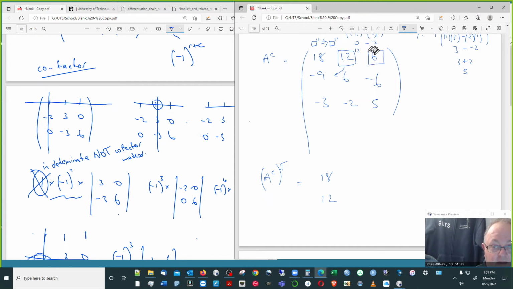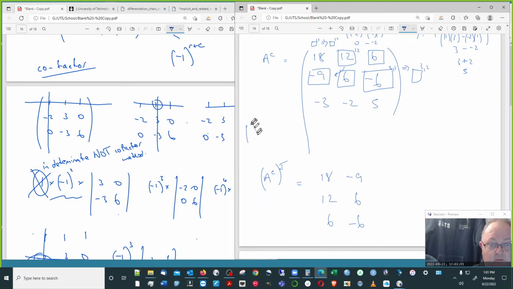This one is 1, 3, so it becomes 3, 1. This one here is 2, 1, so it becomes 1, 2. This one here is 2, 2, so it stays at 2, 2. This one here is 2, 3, so it becomes 3, 2. It gets moved down here. Row and column are being changed.